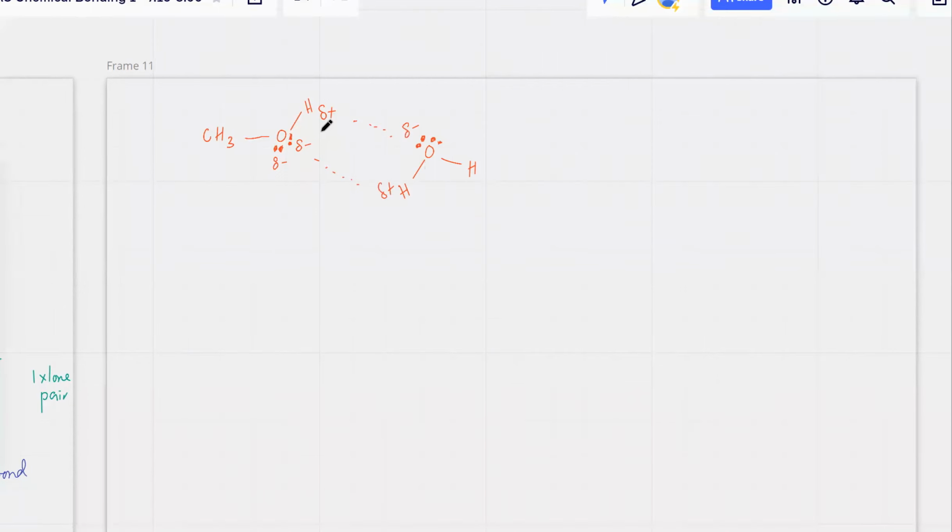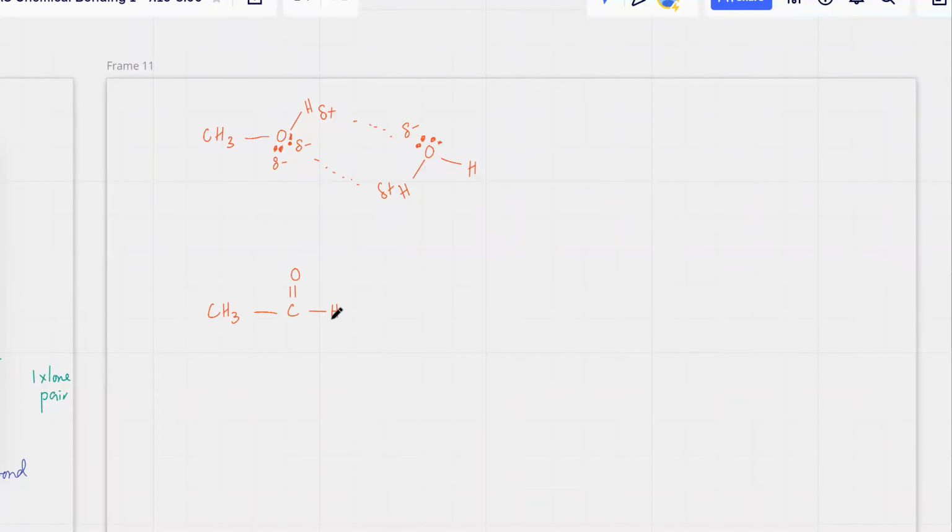So hydrogen bonds will happen in any molecule where O is directly bonded to H and where lone pairs on O are available. For example, if I take another molecule like an aldehyde, this one with a C=O bond. Can anyone tell me, will this form hydrogen bonds?